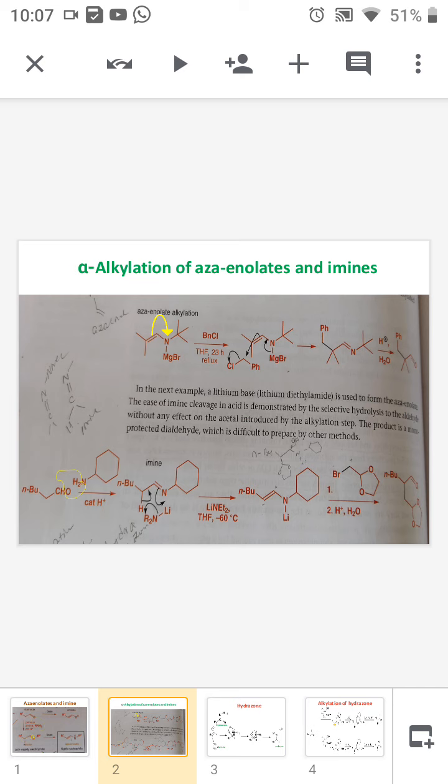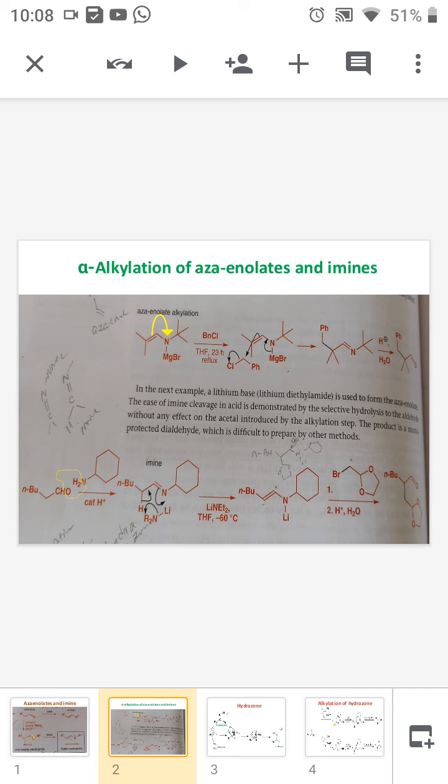So naturally the PhCH2 will attack on this carbon, and the nitrogen is converted into imine. Again in the structure the alkyl group is added to this carbon atom, and here we can see that the PhCH2 is added, that is the alkyl group which is clearly added to the carbon atom, and again the aza-enolate is converted into imine.